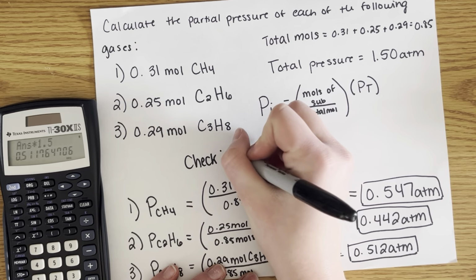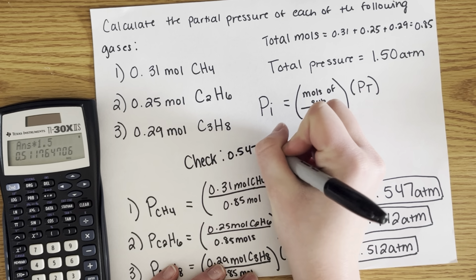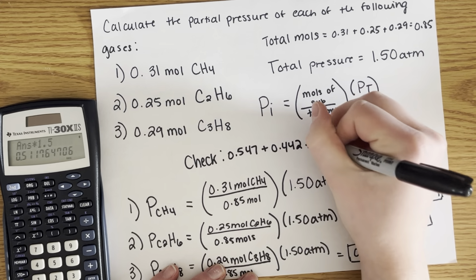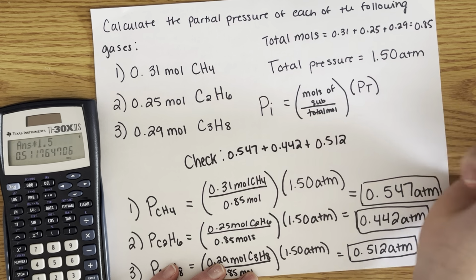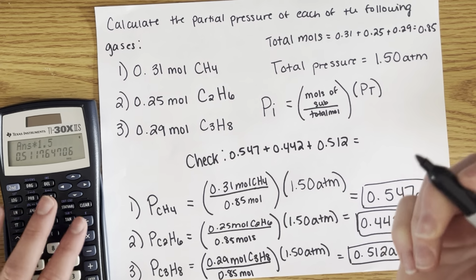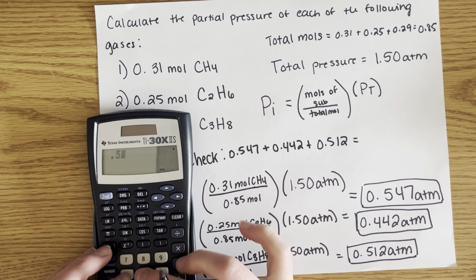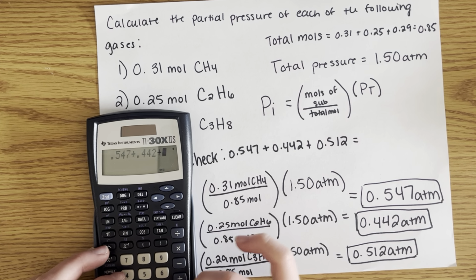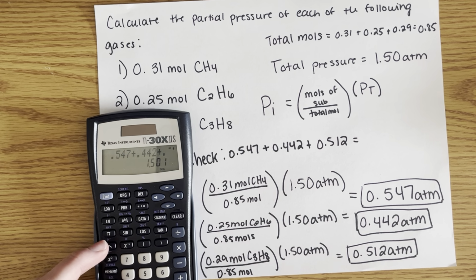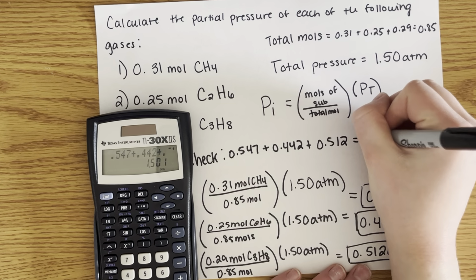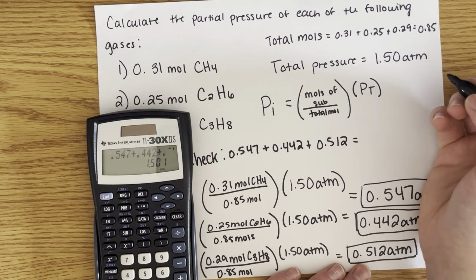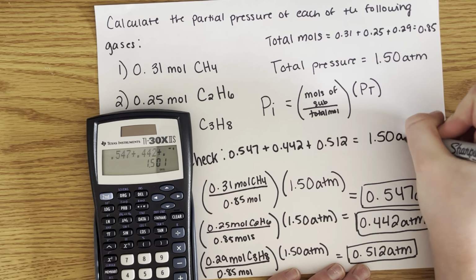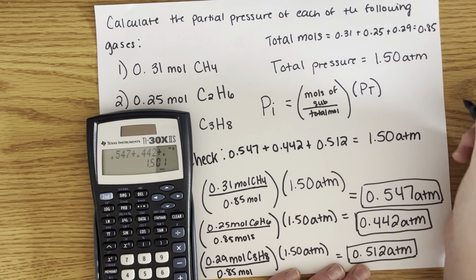So we can go ahead and just see if these add up. So we'll take 0.547 plus 0.442 plus 0.512, and we get 1.501, but literally it checks out to 1.5.